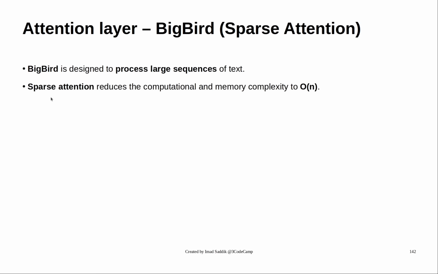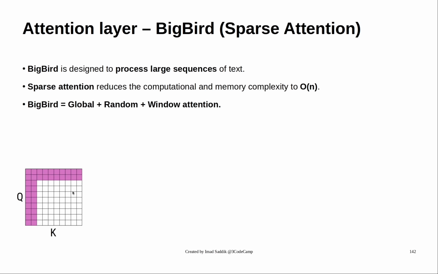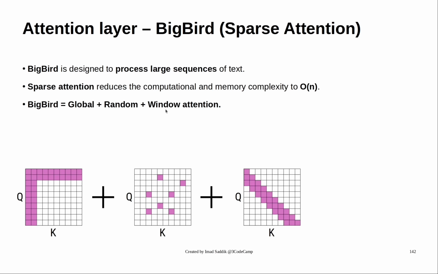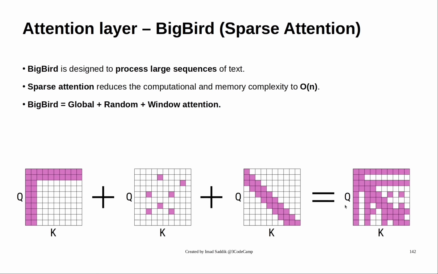Big Bird uses sparse attention, which is designed to reduce the computational and memory complexity to be linear. We call this big O of n. Sparse attention is the sum of global attention, which looks like this, random attention, and the sliding window attention, which we also call local attention. This gives us Big Bird, which is sparse attention.